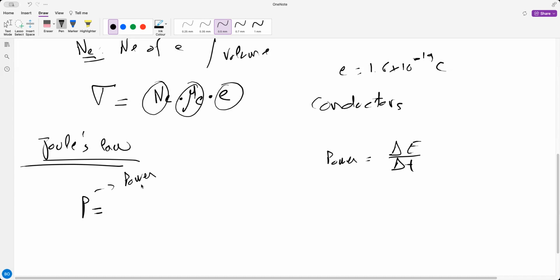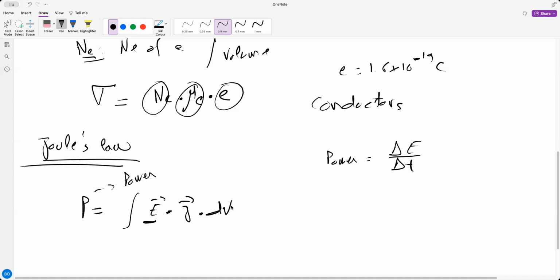Now we can easily see that the power can be defined as the integral over the volume of the dot product of the electric field and the current density.